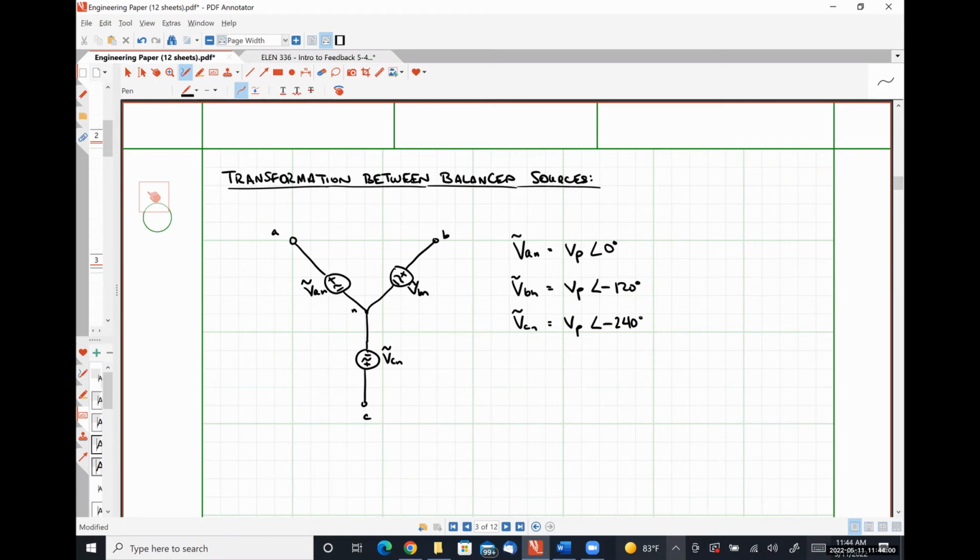So what we're going to do is figure out what our line voltages are for this source mathematically, right?